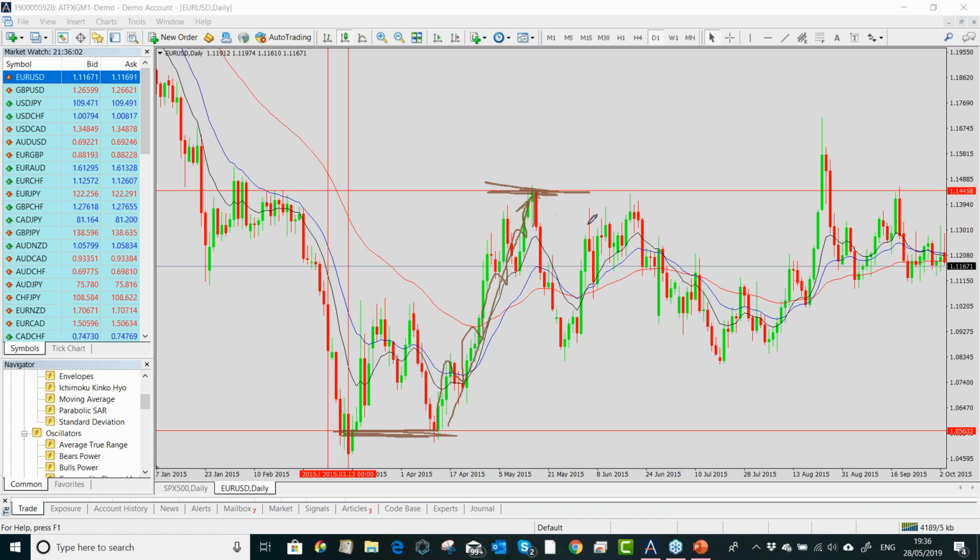So it would actually be possible to trade within the range, still trading the trend, but just on a lower time frame. So hopefully that answers the question adequately.